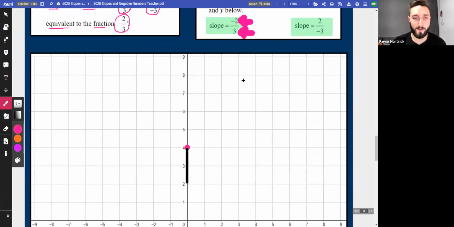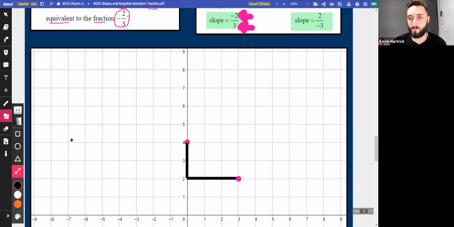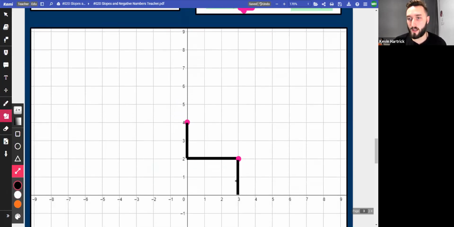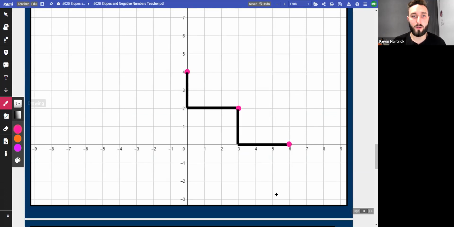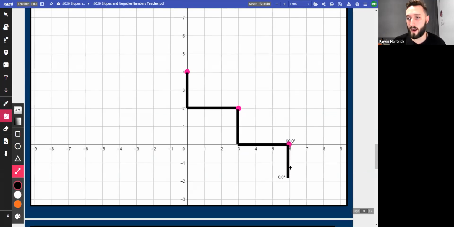Sorry, not up 3, right 3. Even I get confused sometimes. Right 3, there we go. So there's my next point, and I'm going to do it again. Remember, it's just a pattern. Down 2, right 3, make a point. Down 2, right 3, make a point. Once you get that slope pattern down, you just continue it as far as you can on the graph.